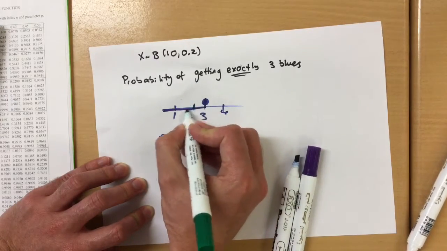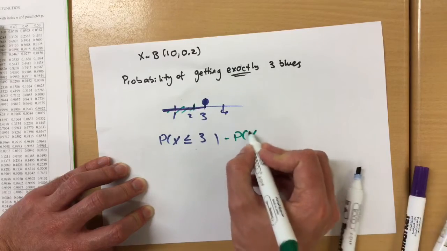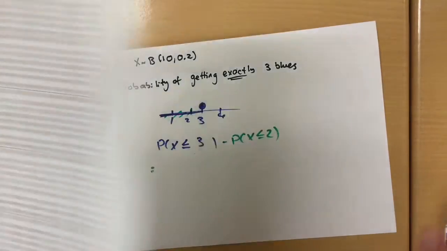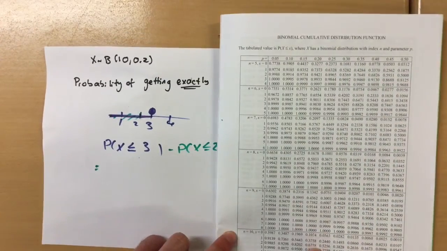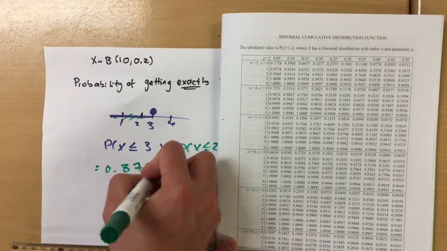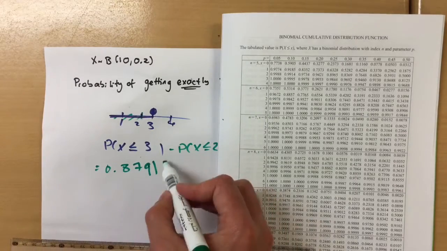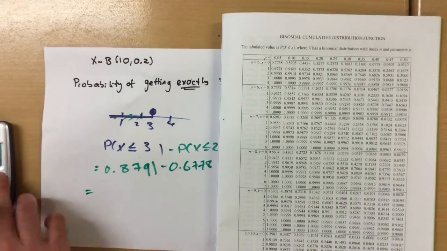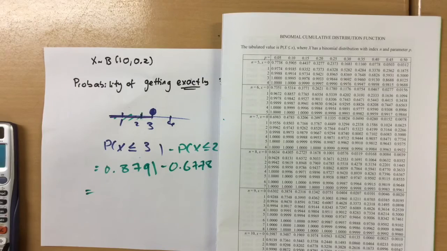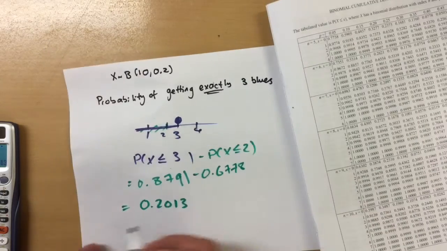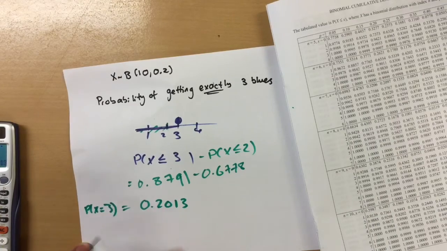But we didn't want 2, 1, etc. So you take away the probability x is less than or equal to 2. And from our tables, you should have found that 3 is 0.8791 and 2 is 0.6778. So we can subtract them, which gives us 0.2013. So the probability that x equals 3 is that.